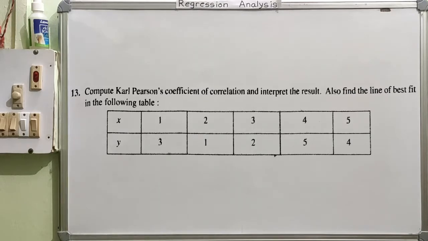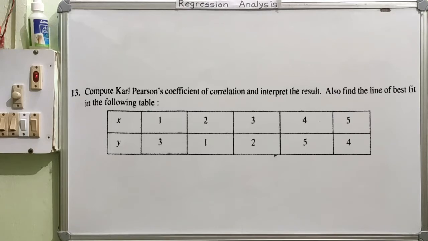Now let us try to understand this question a little bit. Here we are going to calculate the correlation coefficient by Karl Pearson method. And then at the end, we are asked to calculate the line of best fit. We already know that there are 2 lines of regression. One is y on x, another is x on y. So the line of regression of y on x, the formula is y minus y mean is equal to byx into x minus x mean.